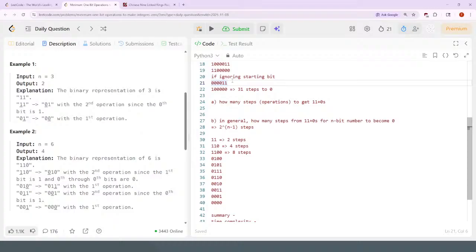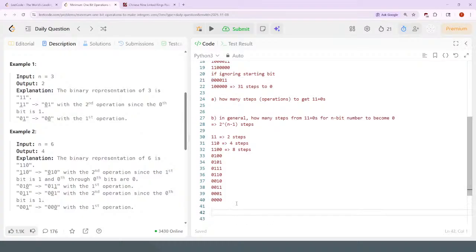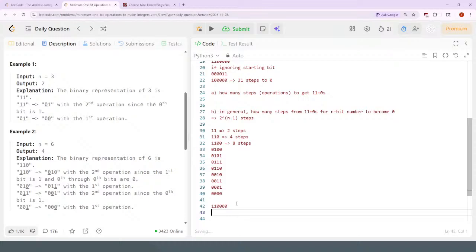Maybe. I wonder if I just need to start counting this weird arithmetic. 1, 1, 0, 0, 0, 0. So that becomes 0, 1, 0, 0, 0, 0.